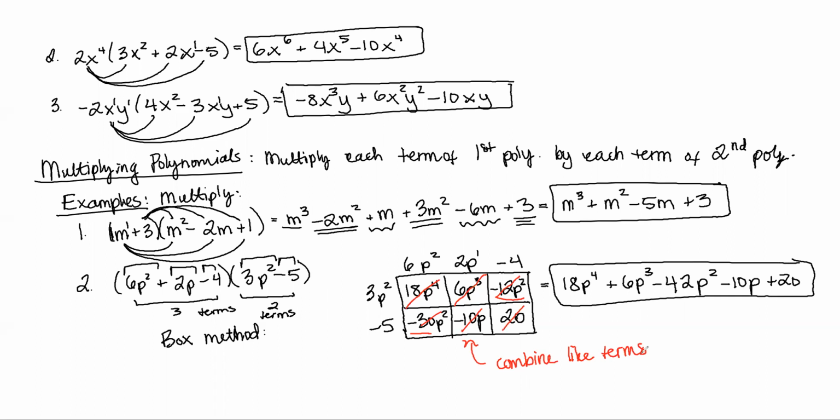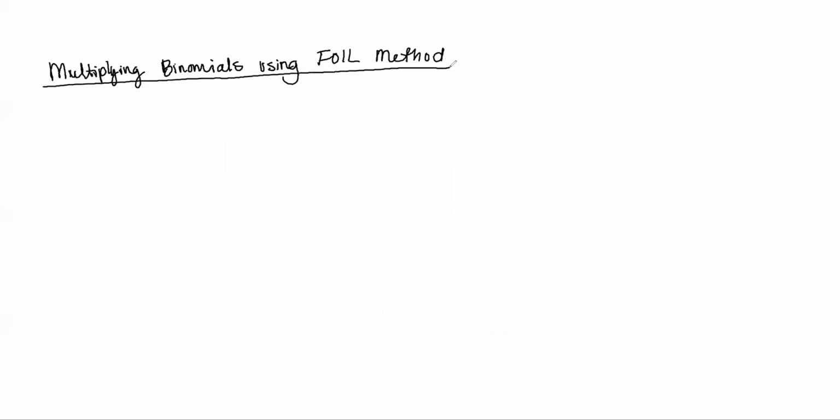You don't have to. Let's go ahead and look at the FOIL method. This is something you've probably seen or heard of before, and this is for multiplying binomials. It is only used for binomials because of the way that the FOIL method is set up.